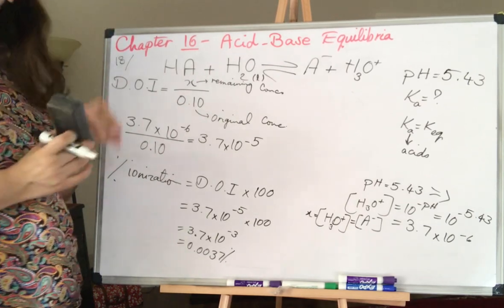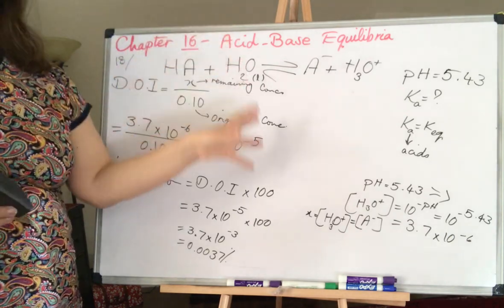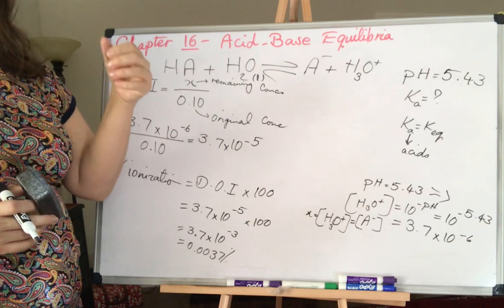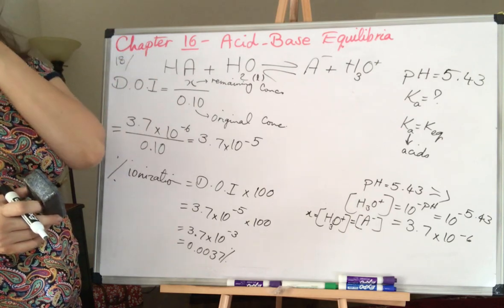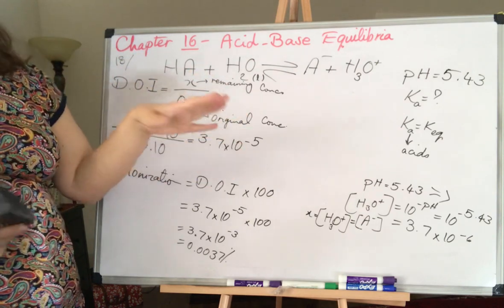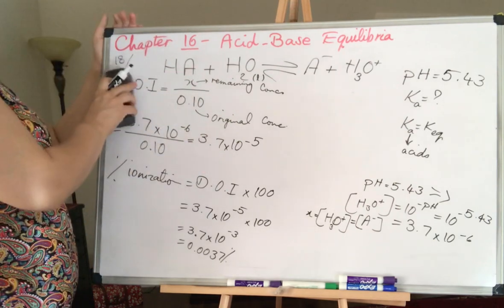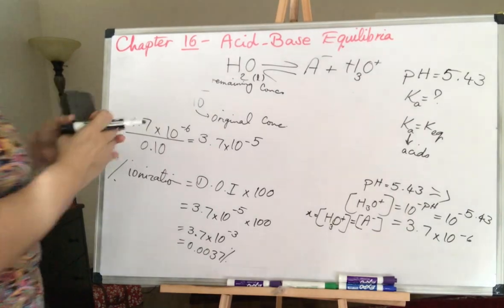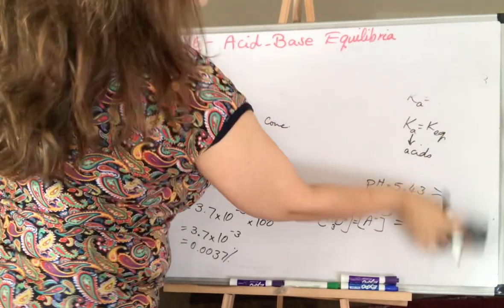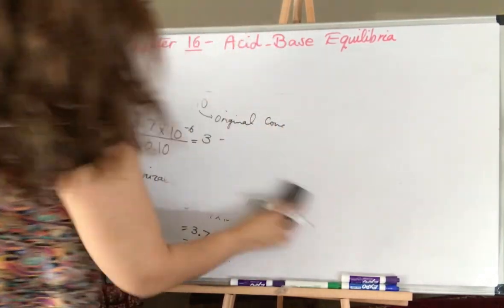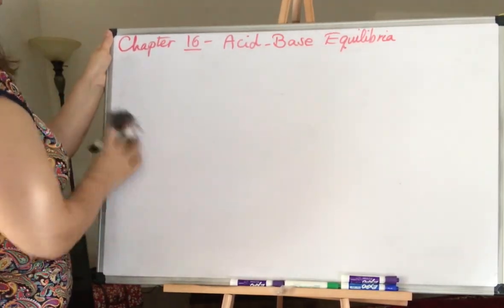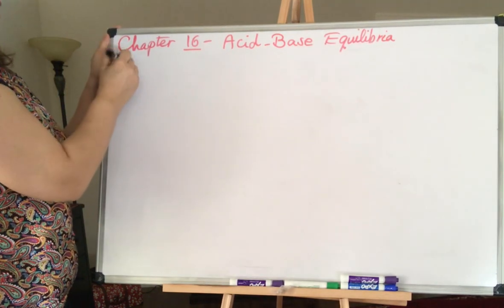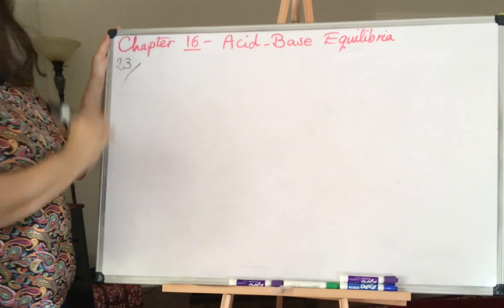Okay, we keep going with these calculations, but we might be able to make some assumptions to make the calculations easier. So let's see, yeah, we have an example here, working on slide number 23.